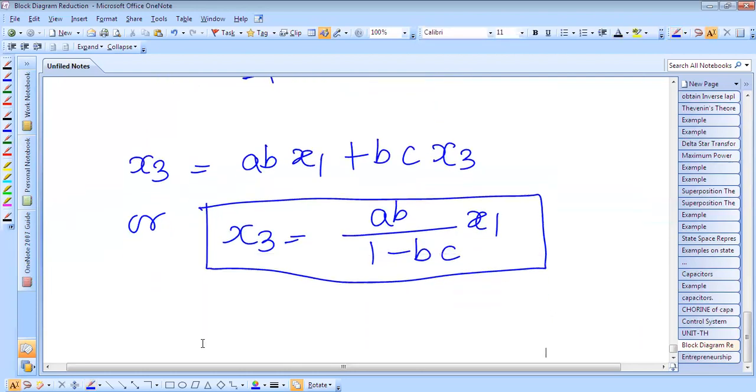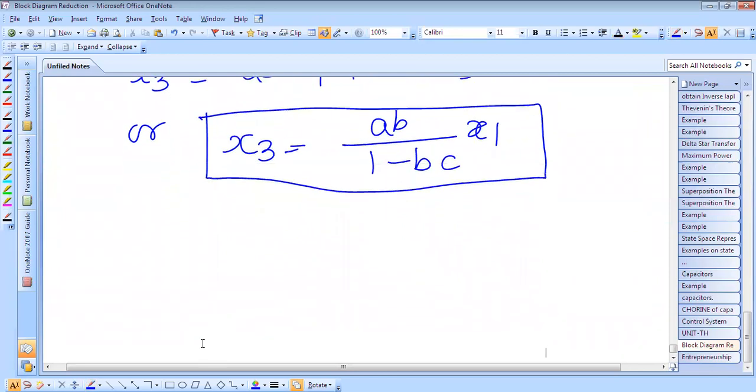We have to draw the signal flow graph because whenever a system is given to you, the system is represented by simultaneous equations. So the simultaneous equations can be represented by the signal flow graph, which represents the set of simultaneous linear algebraic equations.